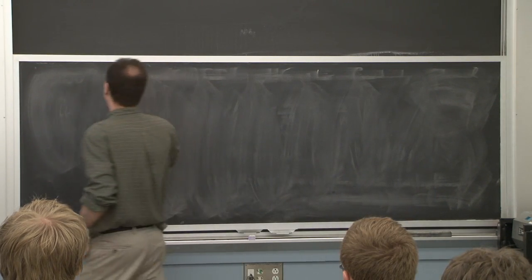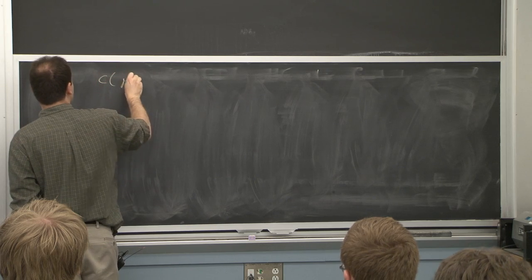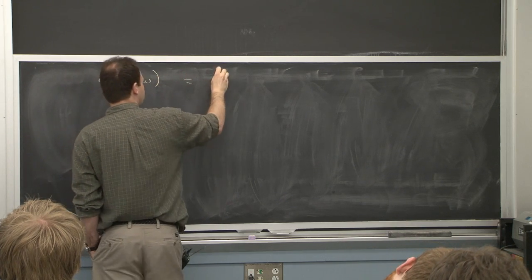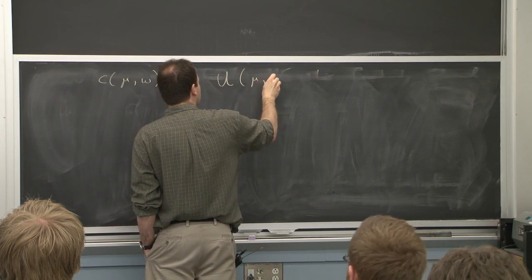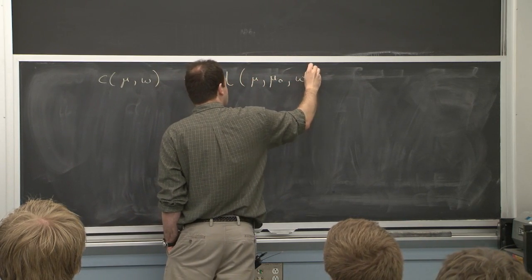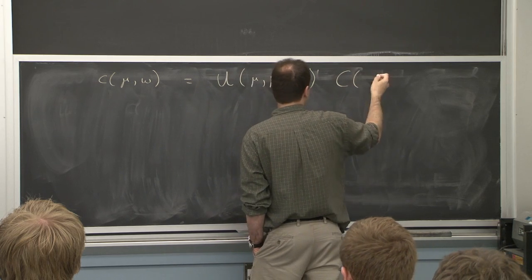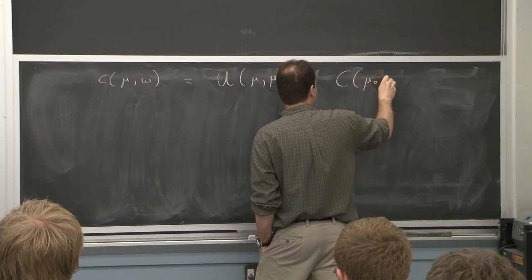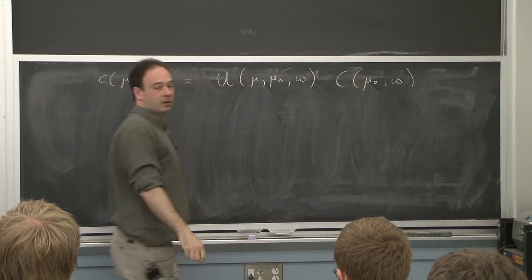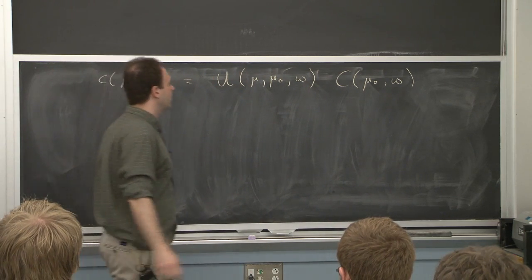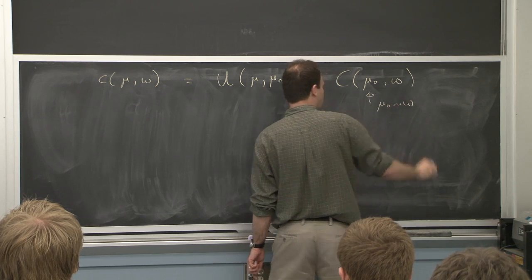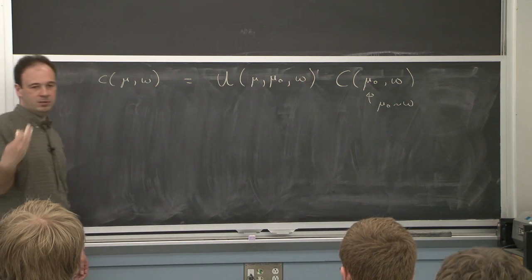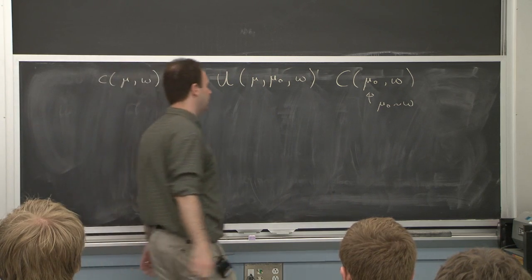So the way that you could think about the RGE is as follows: you have C, and really what the RGE is doing is determining some U that allows you to run C from some point to some other point, like that. So in this formula, mu naught is some scale that's of order omega, or W. It doesn't have to be equal to W. It could be 2W, half W.